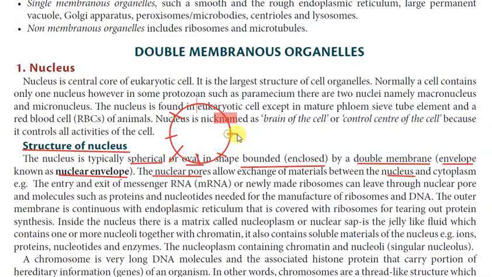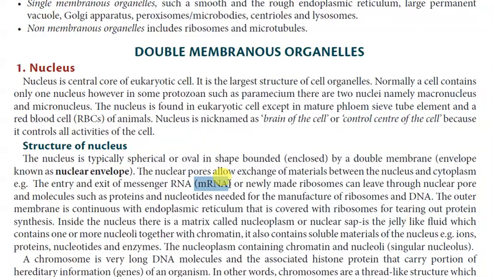Why is this important? It is because some of the materials are synthesized in the nucleus and used outside of the nucleus. For example, we will discuss molecules like messenger RNA, for example the entry and exit of messenger RNA. Messenger RNA is called messenger because its work is to carry a message.